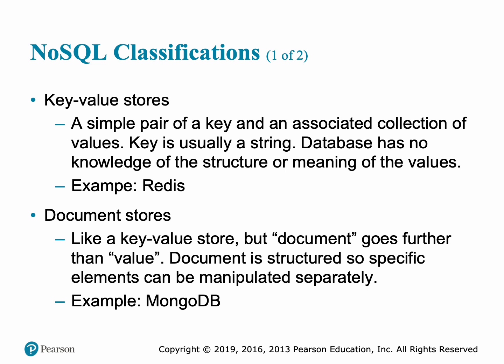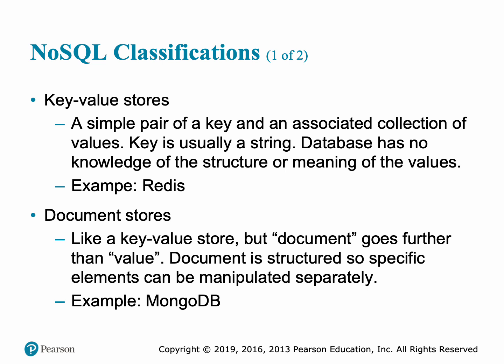These are the key value stores and document stores. Let's look into this with one example each. Key value stores are a type of NoSQL database that use a simple key value method to store data, where each item in the database is stored as a unique key paired with its associated value.